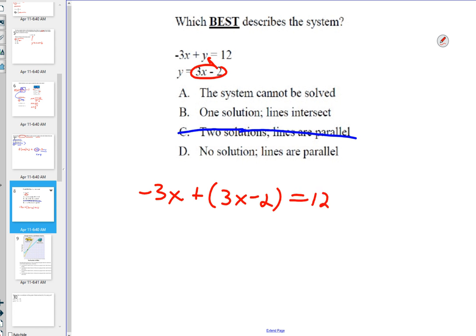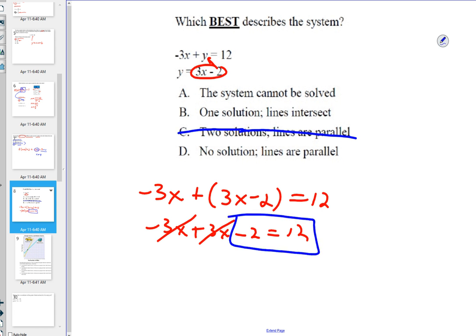But when you try to distribute, the x's cancel. If the x's cancel, you can't solve for x, which means you can't solve for y. But we're left with a statement that says -2 is equal to 12. Is that a true statement? No. So that doesn't mean that the system can't be solved. It just means that there is no solution because the lines are parallel.